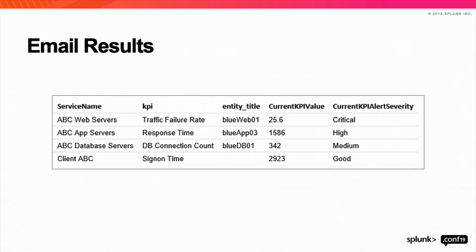Here, this doesn't make sense because you have some things that are good. Why would that be an alert? But it's just an example of data, right? So now your support teams can get an email that has all this information. All the problems that I'm having right now are in a single email with the service that's being impacted, the name of the specific KPI, like CPU or memory, what server it's specifically happening to, if it's specific to a server, what the current value is, and how bad that is.